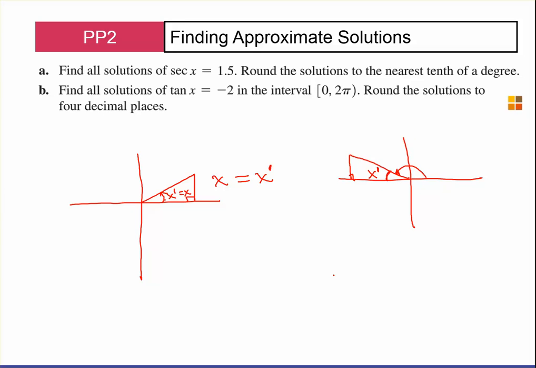Think about some degree values. Let's say x prime is like 30 degrees.